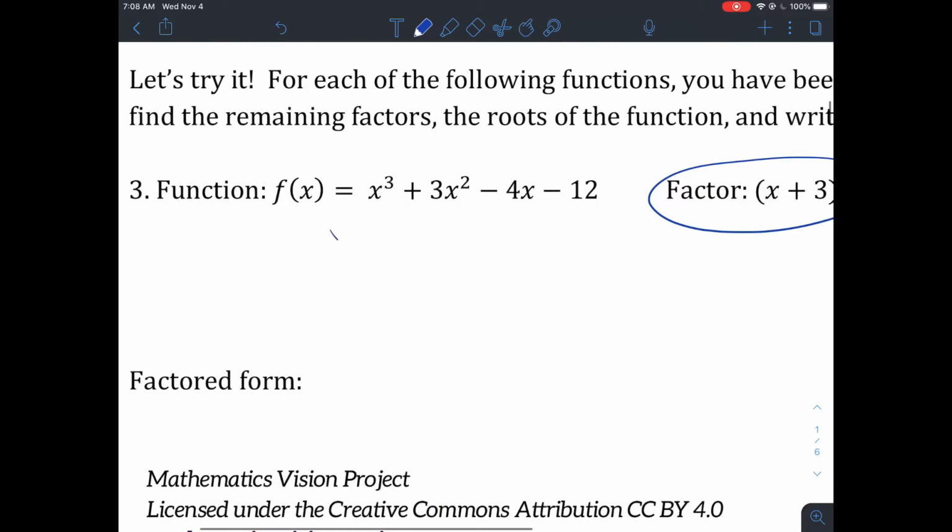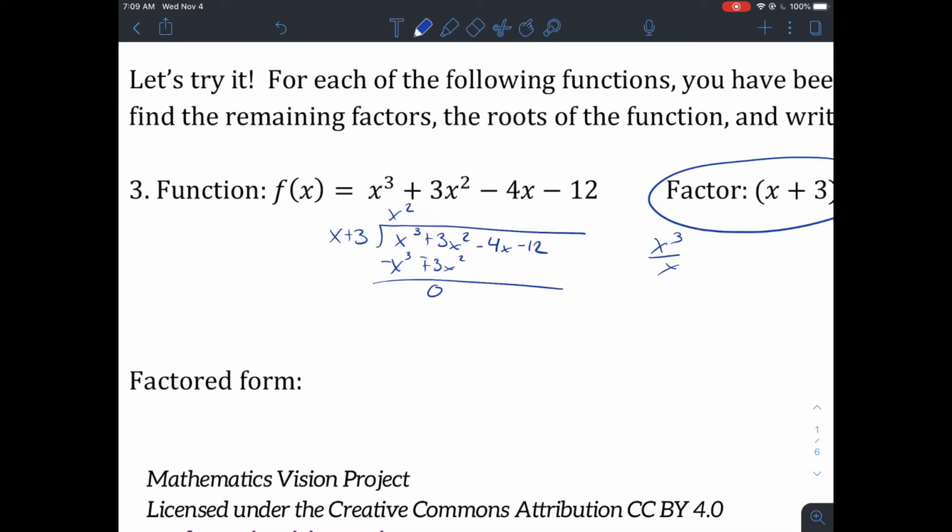Our long division's coming back here. We're going to do x cubed divided by x. We get x squared. So then we're going to get x cubed plus 3x squared. Change our signs. We get 0. We bring down our negative 4x.